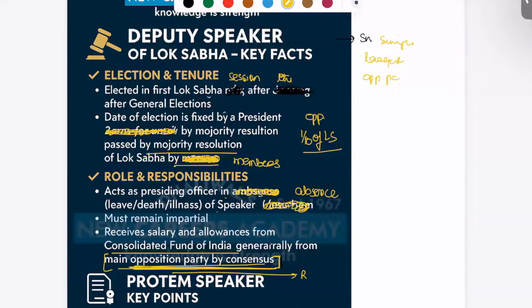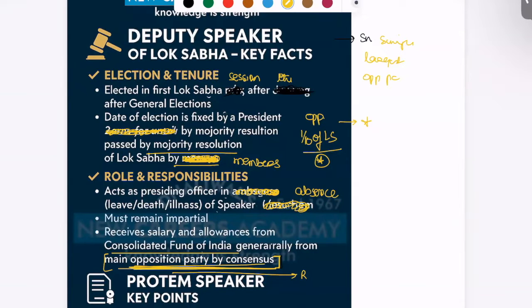So when we talk about the deputy speaker, it was finally decided by consensus of the opposition party that it will be from the opposition party.